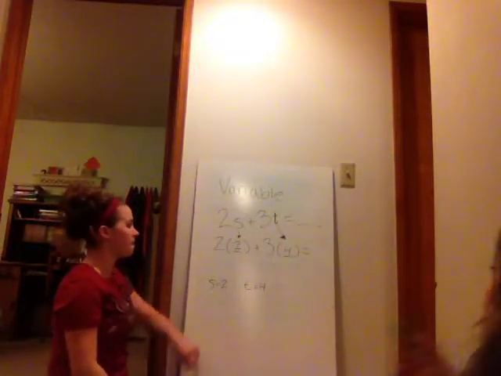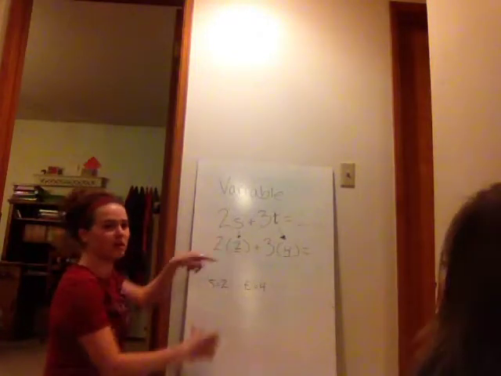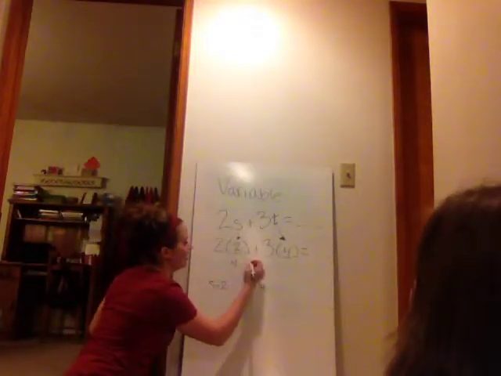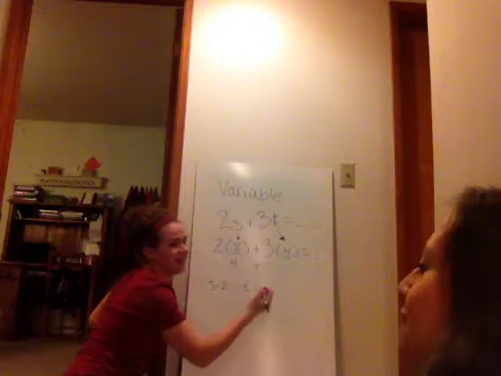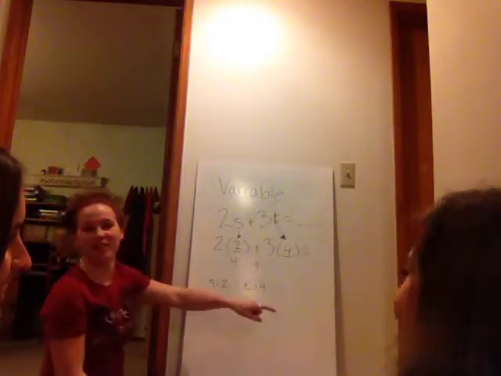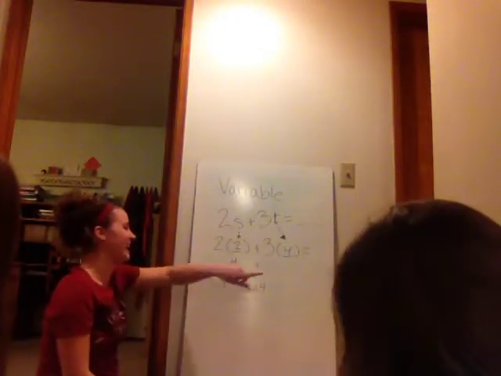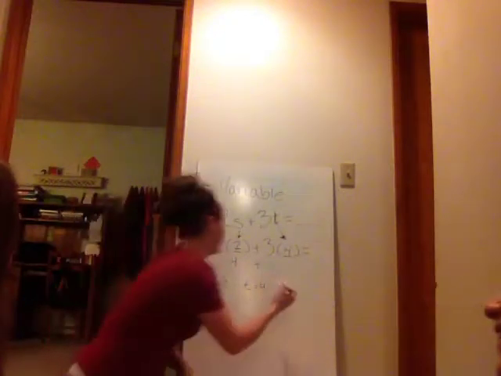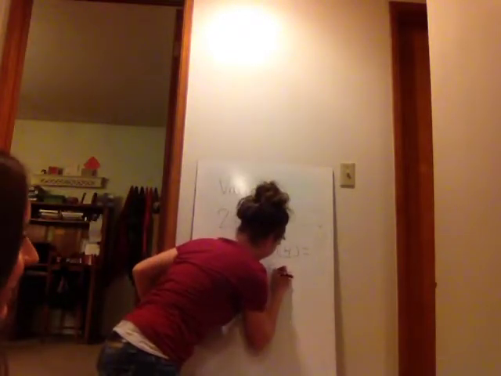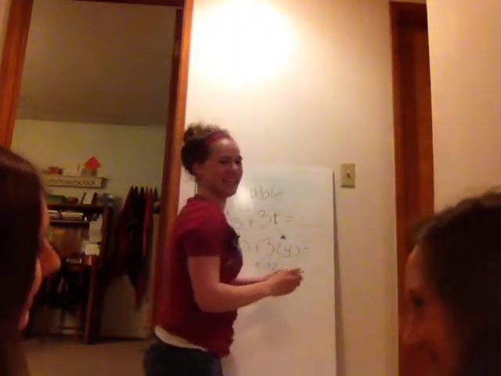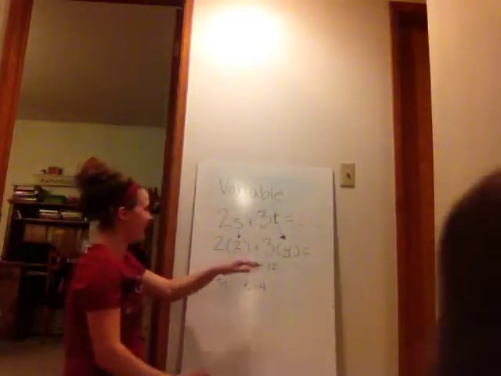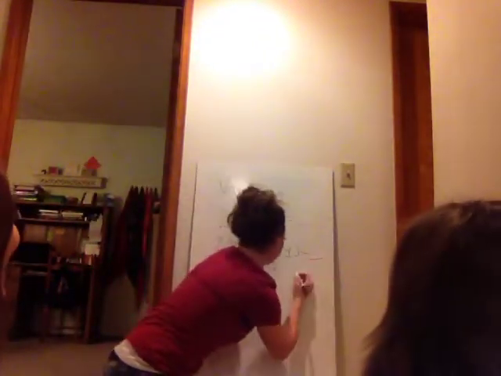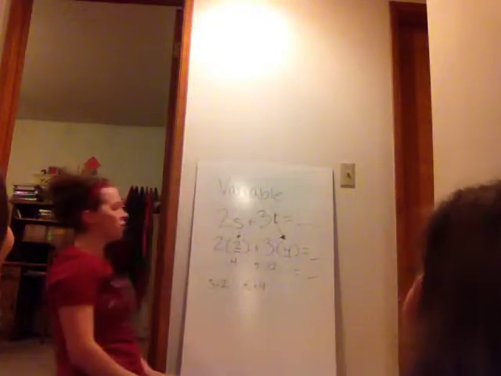Okay, so really quick, 2 times 2. 4. Oh, I think Ina beat you, Miranda. 3 times 4. 12. Oh, good job. Ina beat you again. Okay, so what is 4 plus 12?